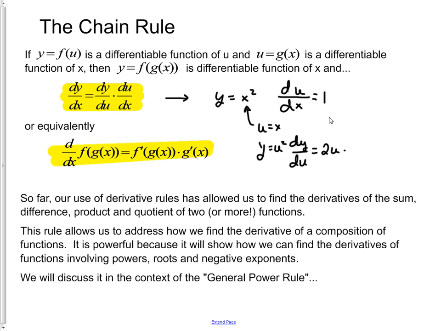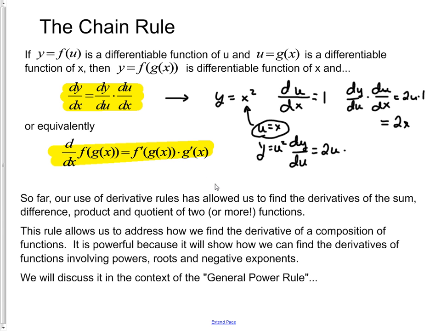So by this rule, dy/dx is dy/du times du/dx, which is simply equal to 2u times 1. But u was x, so when we rewrite this one more time, we're just left with 2x. It's sort of a long way around, but yes, the derivative of y equals x squared is 2x, so there you go. It actually does work.